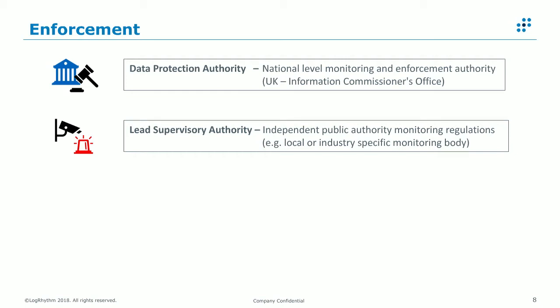So if our DPA ends up being in Dublin, what would the lead supervisory authority be, and what would the legal trail of responsibility be? We've already seen a couple of court cases in the U.S. trying to establish the legality of the connection between the DPA, the supervisory authority, and the GDPR compliance in terms of enforcement.